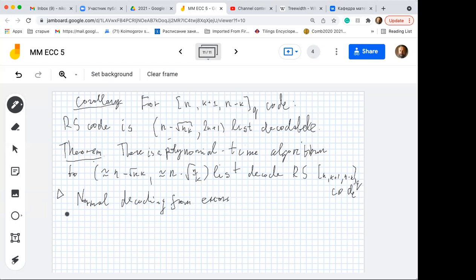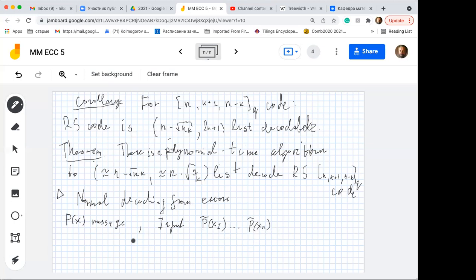we want to recover a message, P of x, which is a polynomial of degree at most k. So this is our message. And we are given an input. Our input is not the message, but its corrupted version. That means that we are given the values of that polynomial in n different points, and the tilde means that some of them are incorrect.